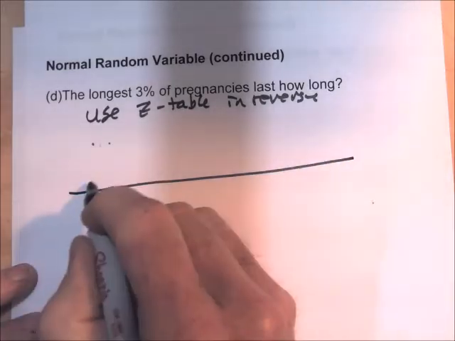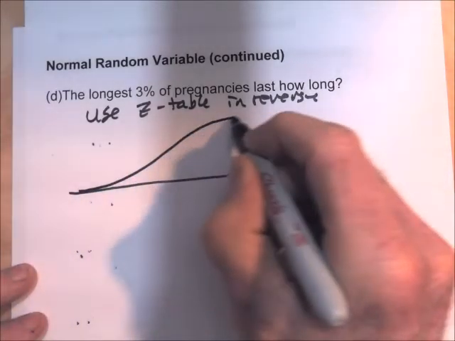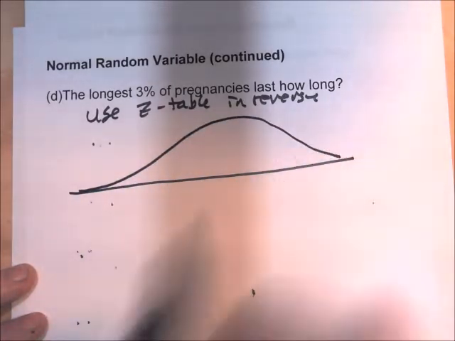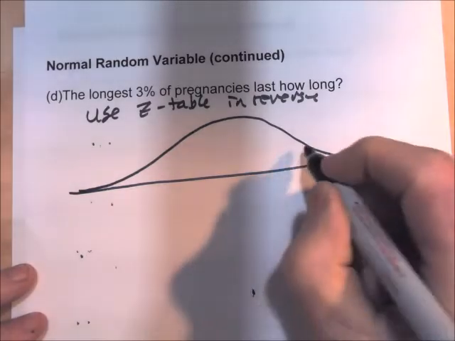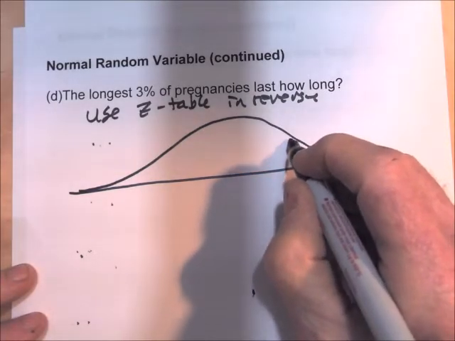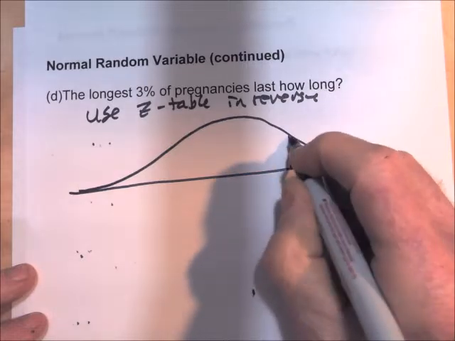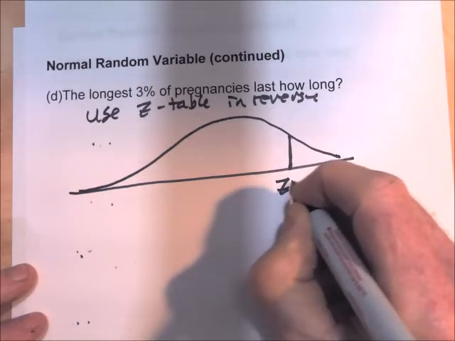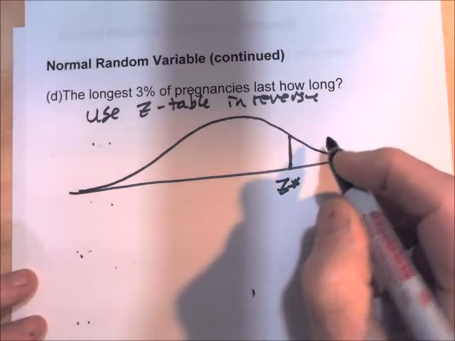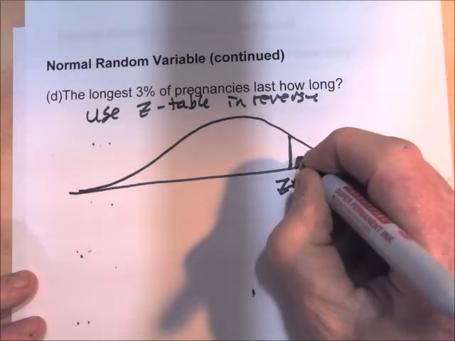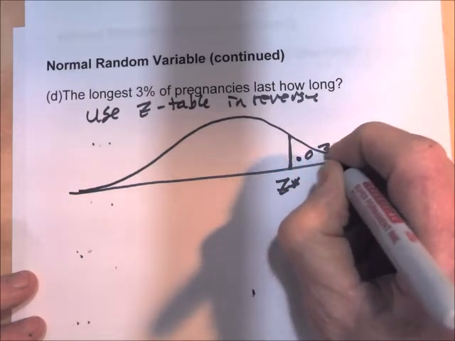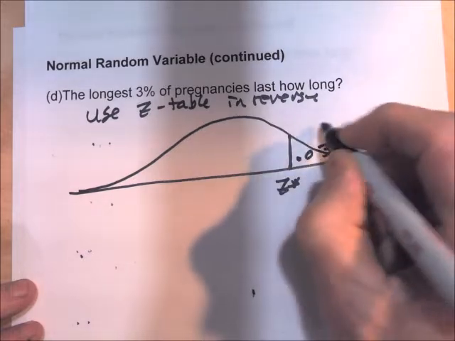So the longest 3% are going to be somewhere out here. So we're going to have some value z star, with 3% or 0.03. This is what we want.